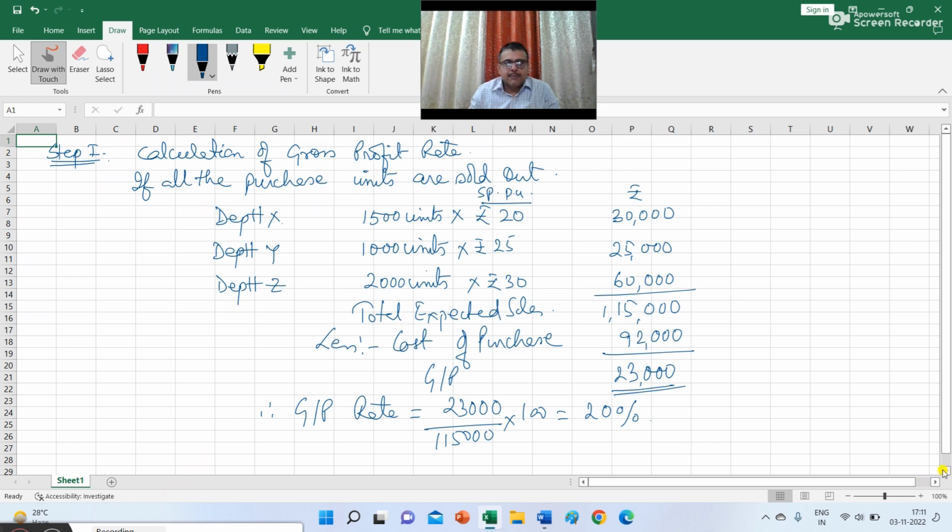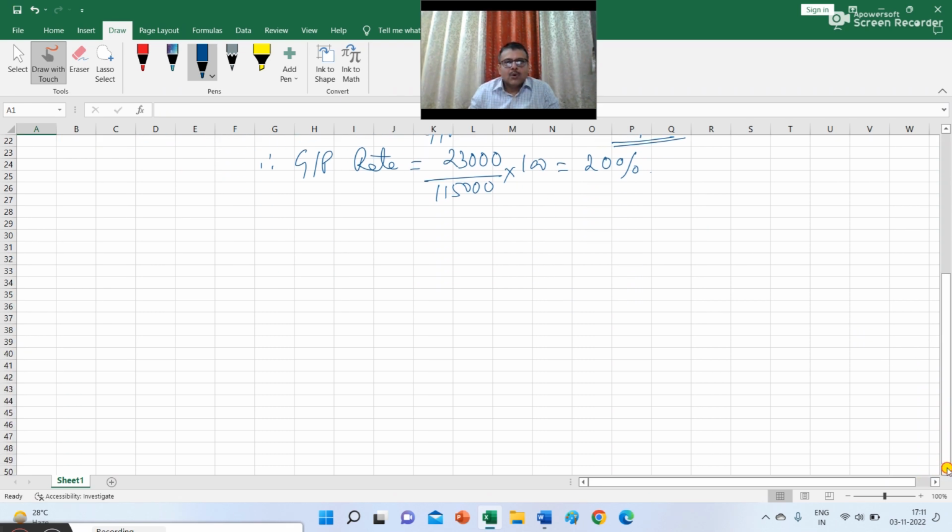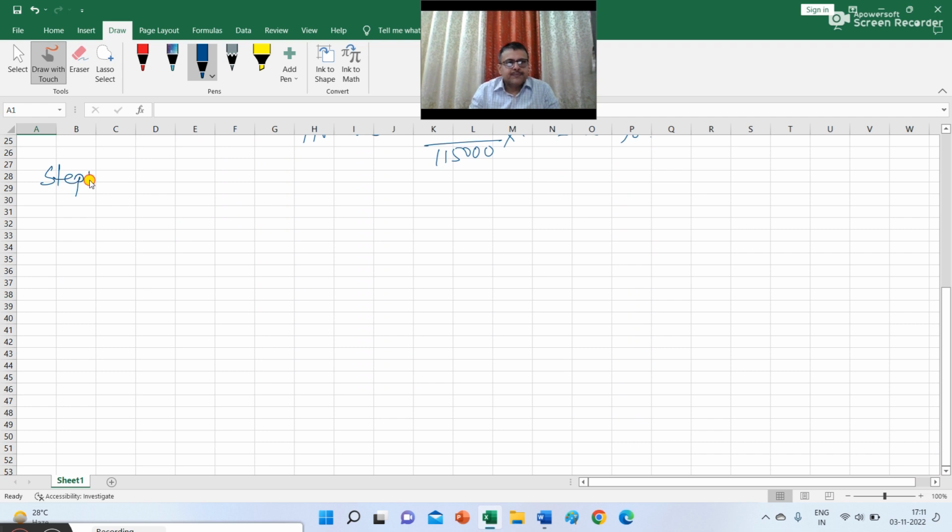Then in step 2, we will find out what is the purchase price per unit. So in step 2, we will calculate calculation of purchase cost per unit.